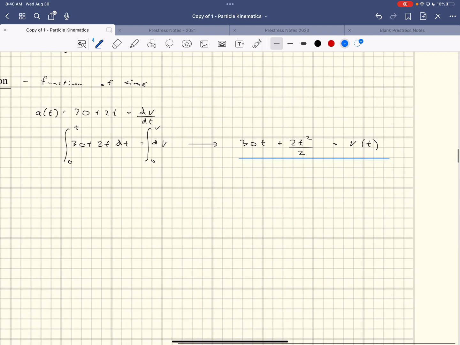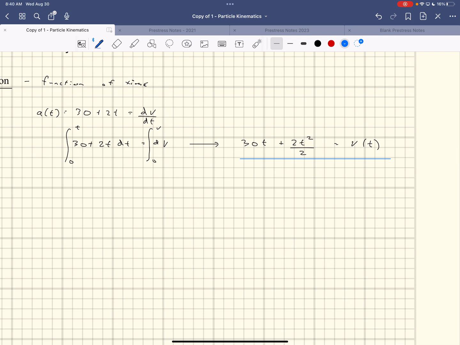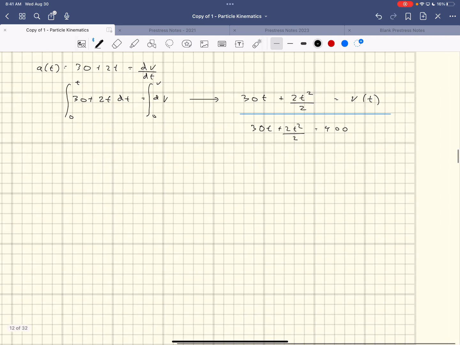We're going to need that later. 30t plus 2t squared over 2 is equal to 400. Plug that in your calculator, and it will tell you that t equals 10 seconds.